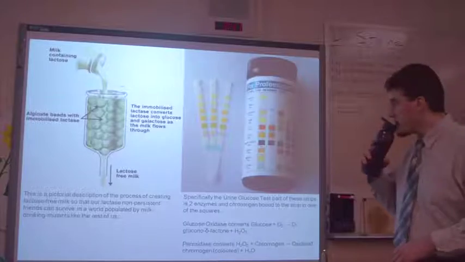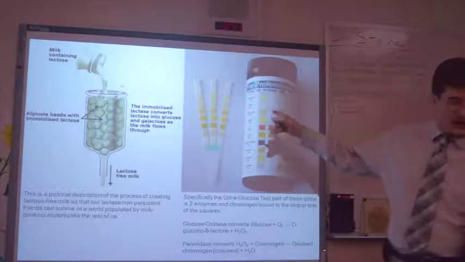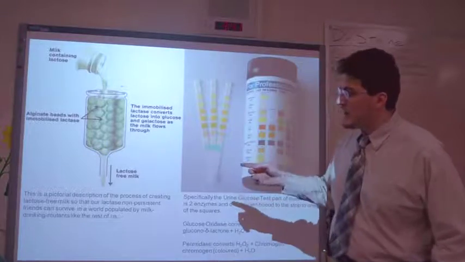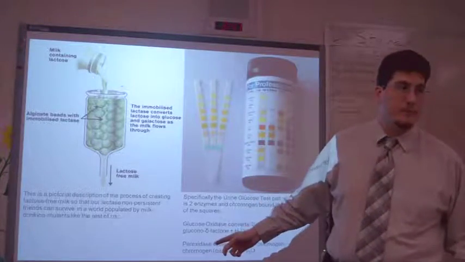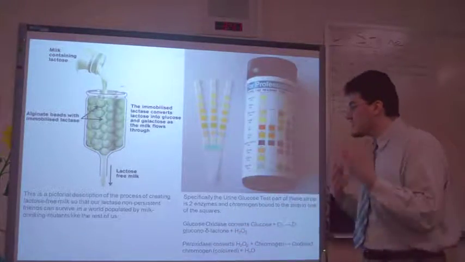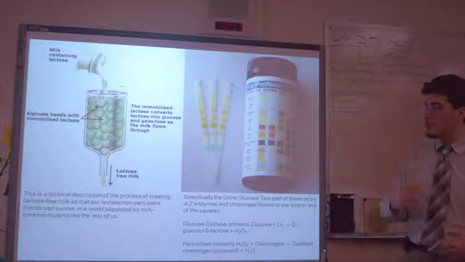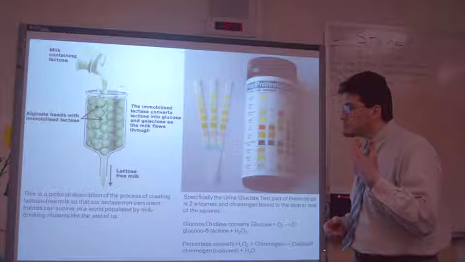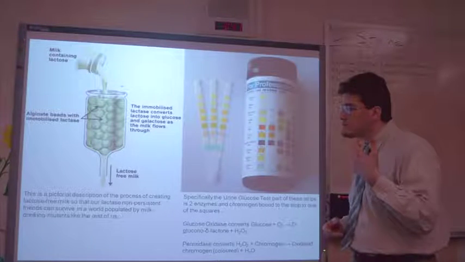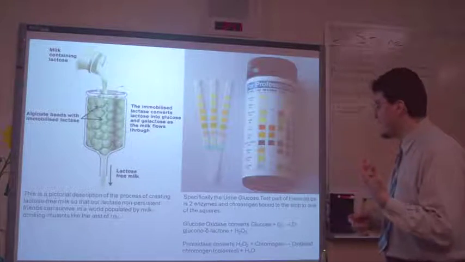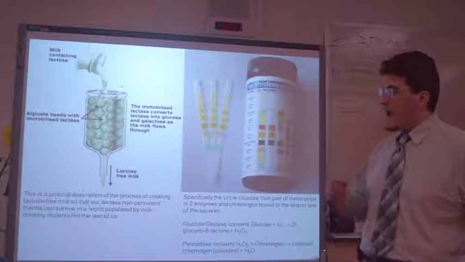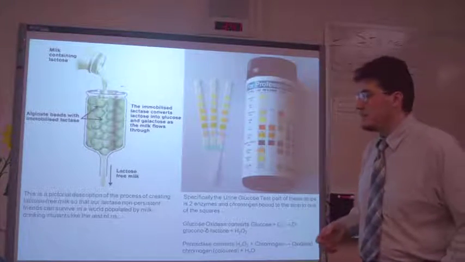This is a urine dipstick test. Usually the one that we're interested in is the one for diabetes. And this is actually two chemical reactions, the glucose oxidase and the gluconolactone, delta lactone, gamma lactone. I don't remember which Greek letter that was. And hydrogen peroxide.